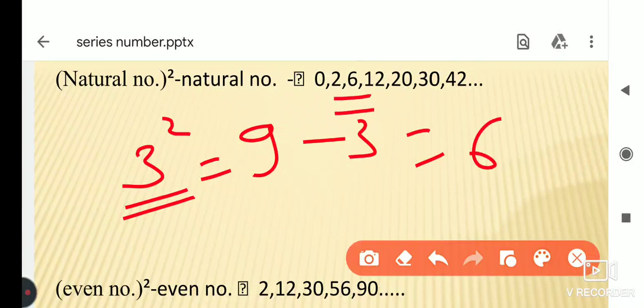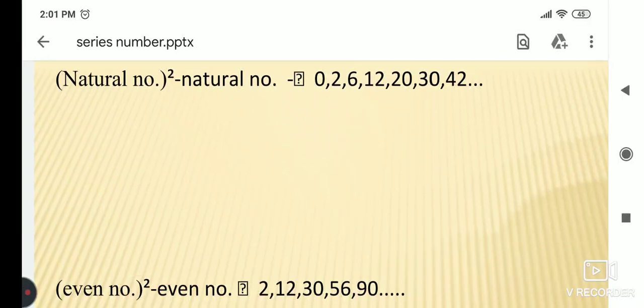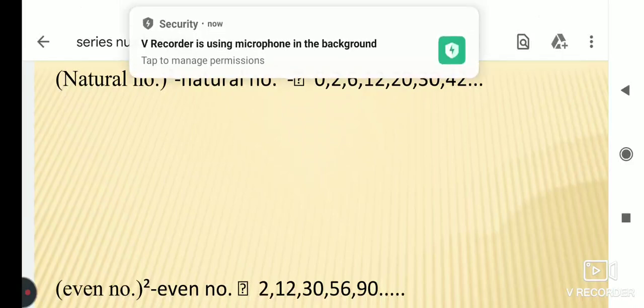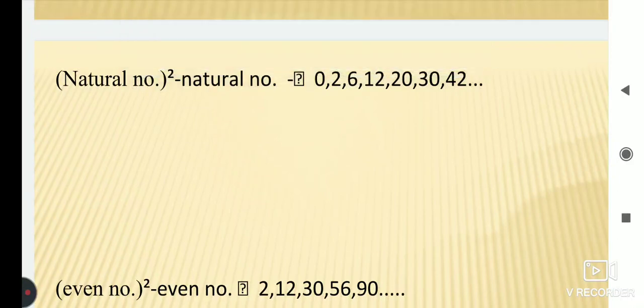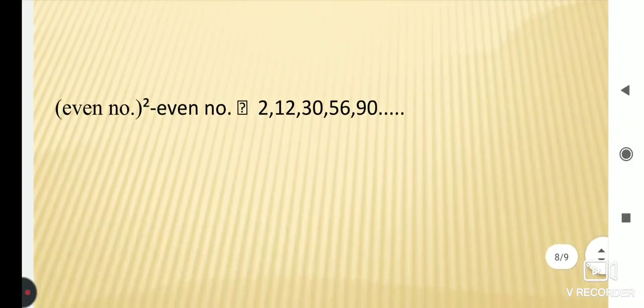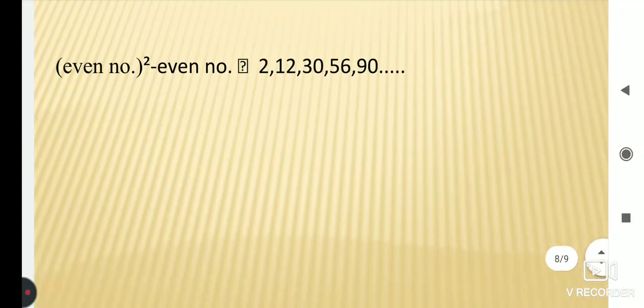So here we can easily identify the pattern of natural number square minus natural number.